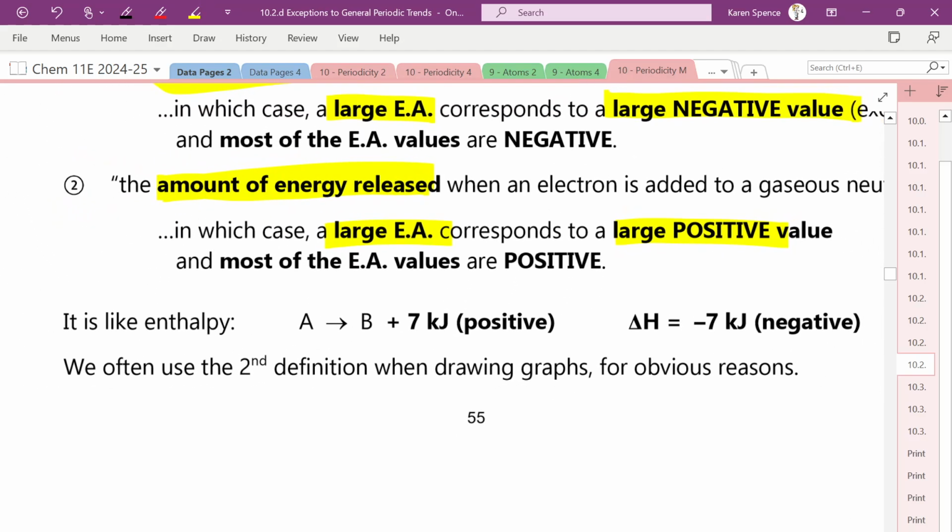So it is like in enthalpy when we have 7 kilojoules released, we don't put a minus sign in front of that, right? But the change in enthalpy is -7. But like I said, don't get too wound about it because it won't be on the test anyway.